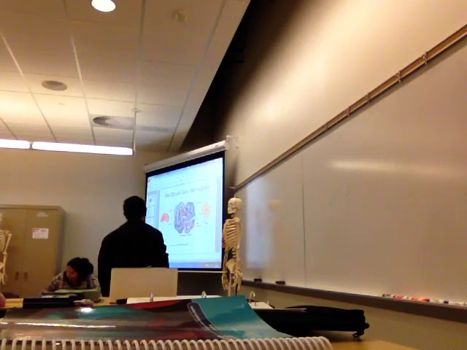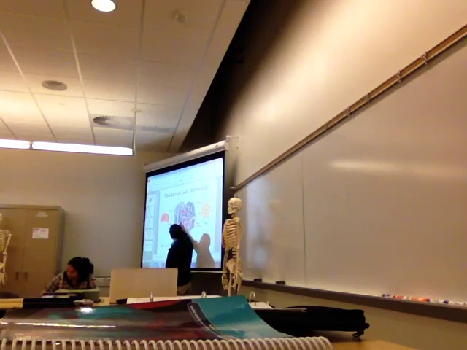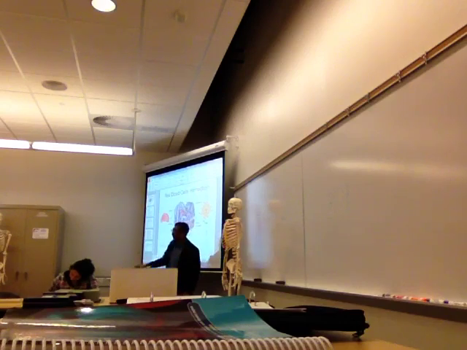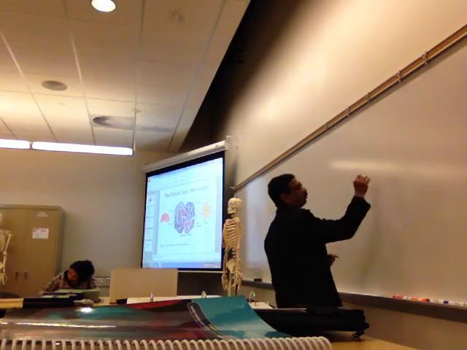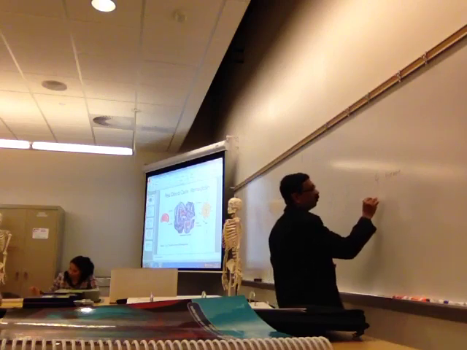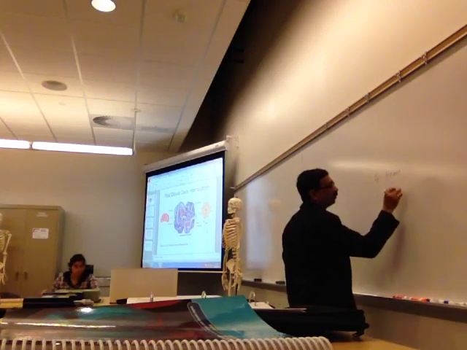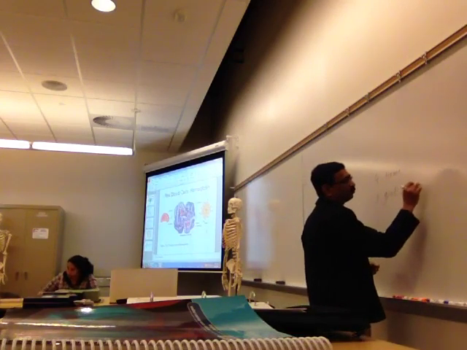Alpha 1, alpha 2, beta 1 and beta 2. So 4 heme components and 1 globin, but that globin is the protein part that has 4 chains, 2 alpha, 2 beta. So that's the structure of hemoglobin. 4 heme and 1 globin. But that globin has how many chains? 4 chains.